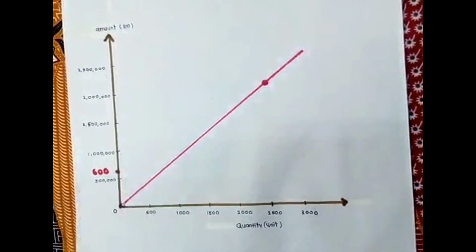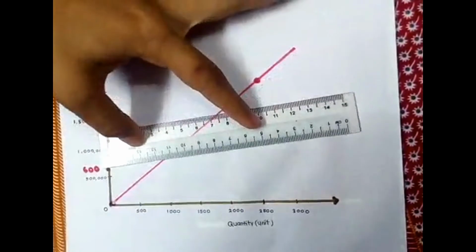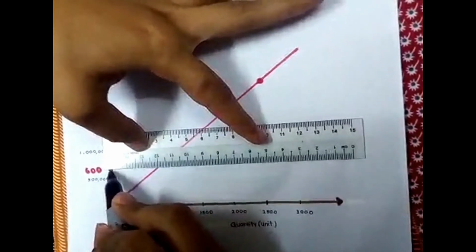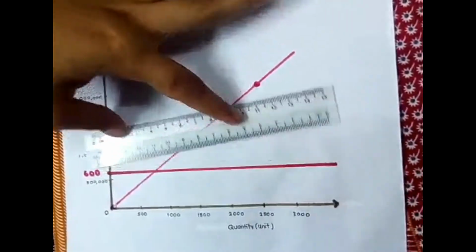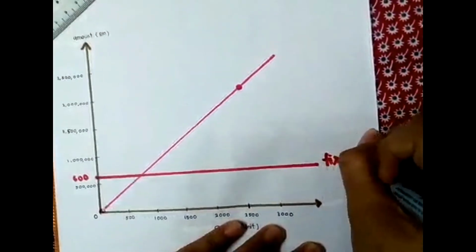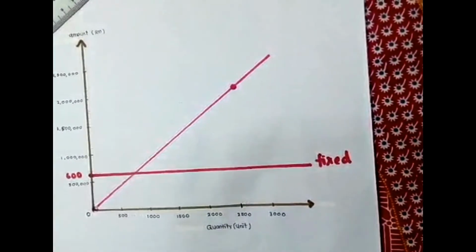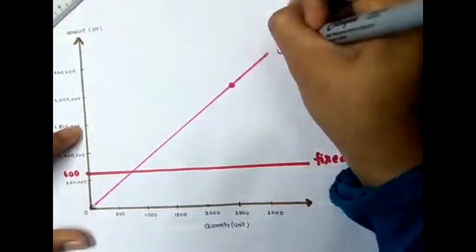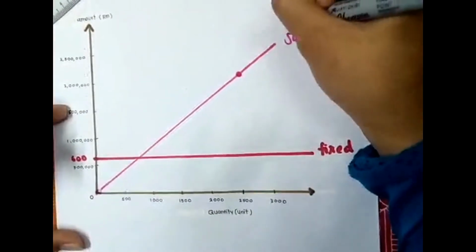So we will draw the fixed cost line. This is fixed cost, and this is sales. This is total sales.